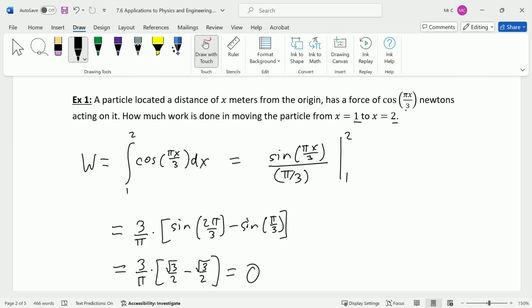Well, if we look at the function for force we have here, this is cosine with a period of 6. So if I draw my cosine graph, but with a period of 6, it should look like this.